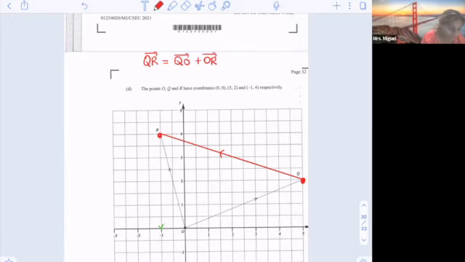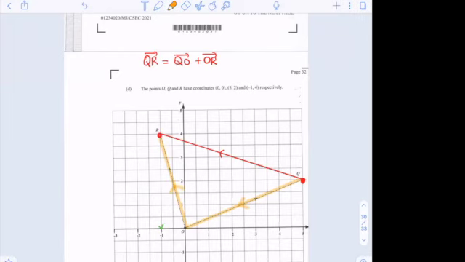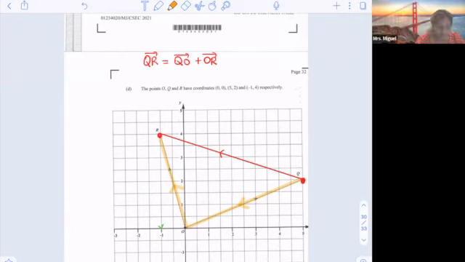Watch. We're going from Q to O and then O to R. Do you all see that is the direction we must go to reach R? Yes, miss. Right.